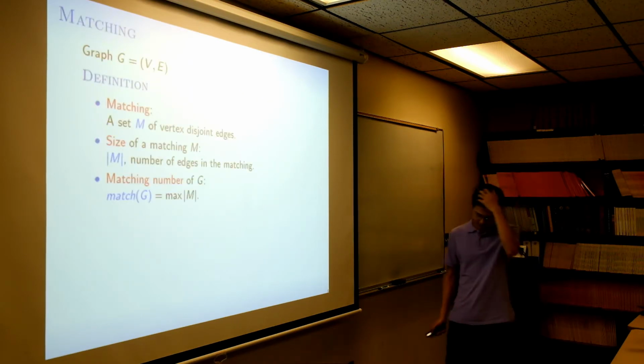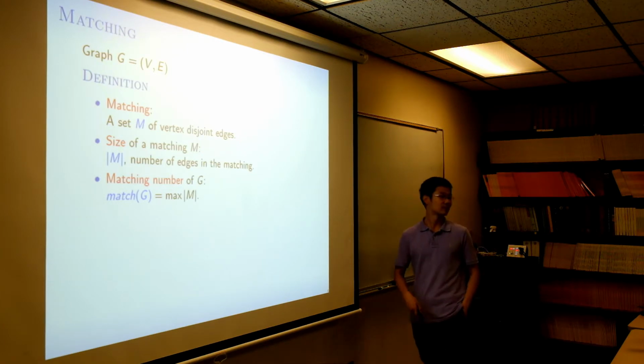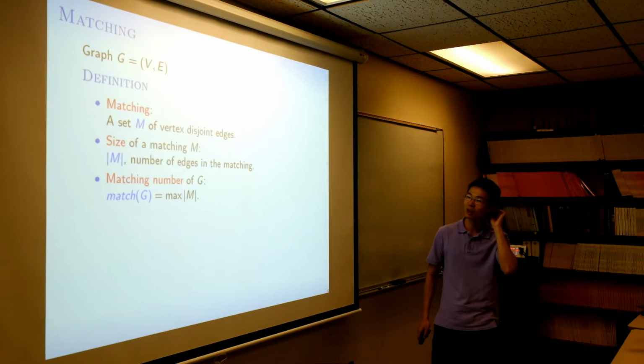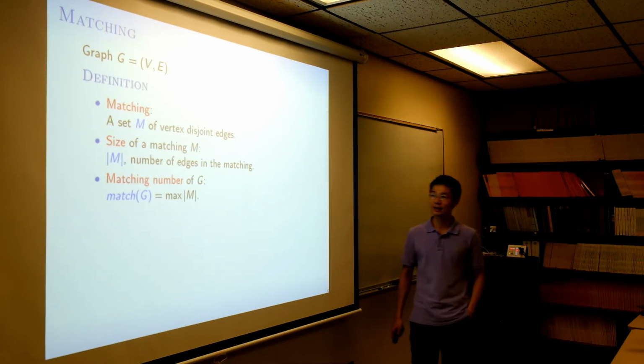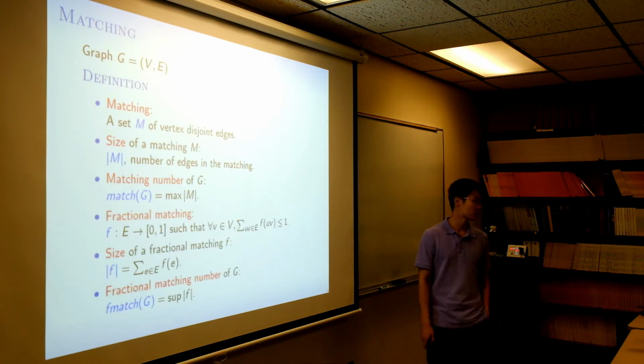So let's look at the definitions for graphs. I believe most or all of you know this, but let's just quickly go over it. A matching is a set of vertex-disjoint edges, and the size is just the number of edges in the matching. The matching number is the maximum over all matchings of G. You can also define a fractional matching.